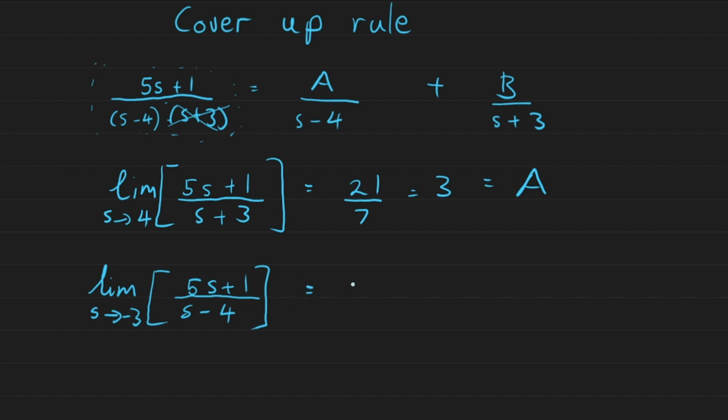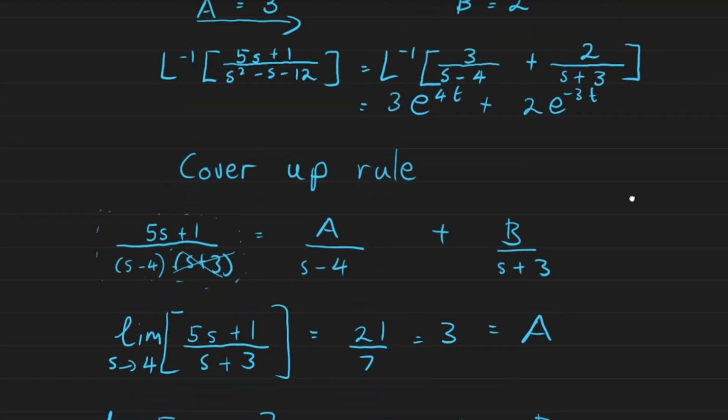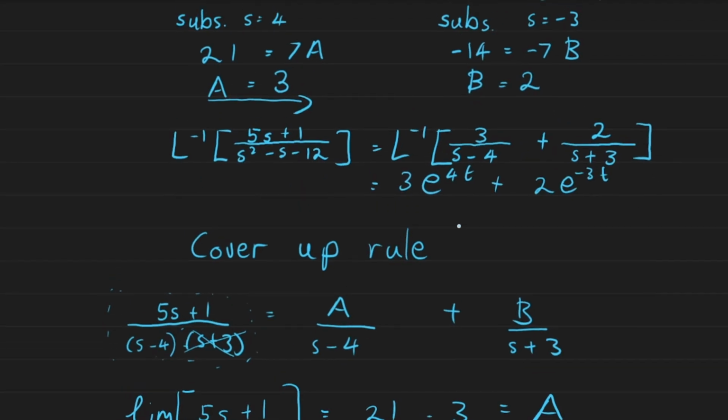So this is 5 times −3 plus 1, which is −14, then −3 minus 4 is −7, giving 2, which is what B was equal to, as you can see on the top.